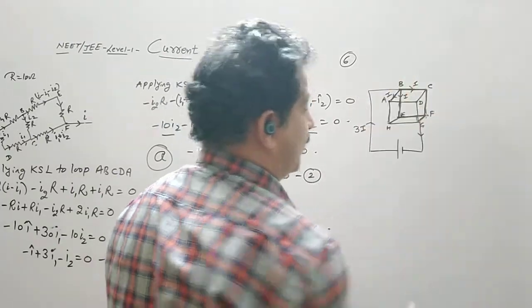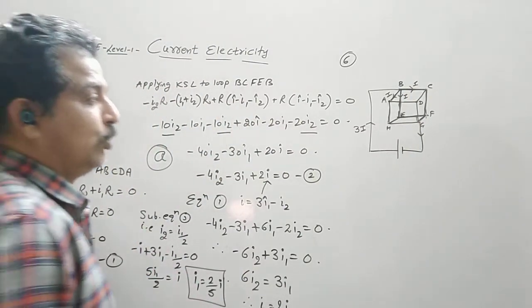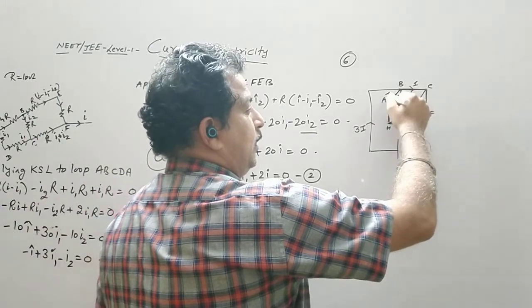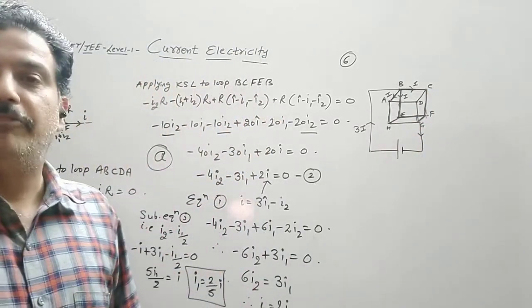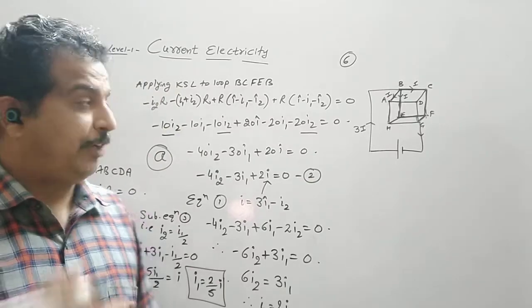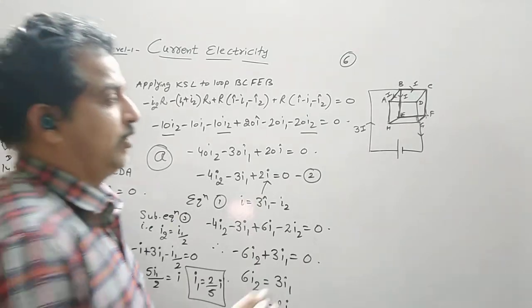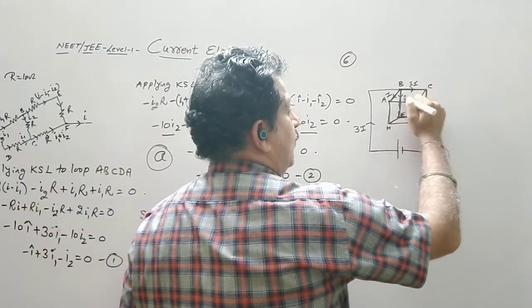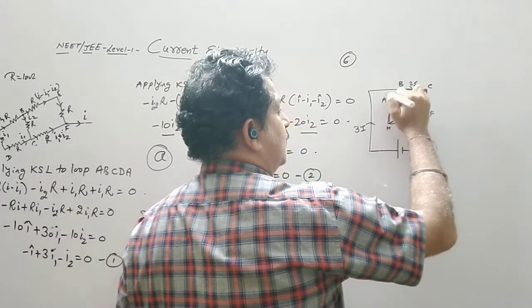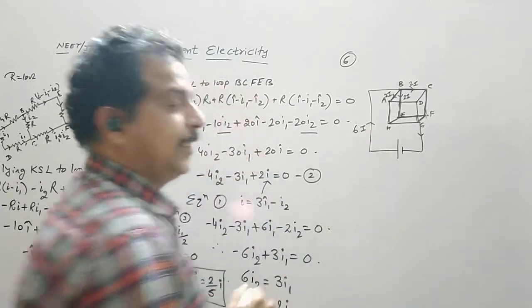Similarly you calculate this point. So again the division comes out to be equal. So if we take I to be the current in this arm, the current will be further divided into 2 equal parts. So fraction comes into picture. We will try to avoid the fraction. So we take this current to be 2I. So if I take this current to be 2I, then the input will become 6I.